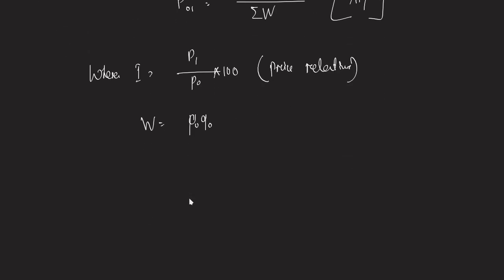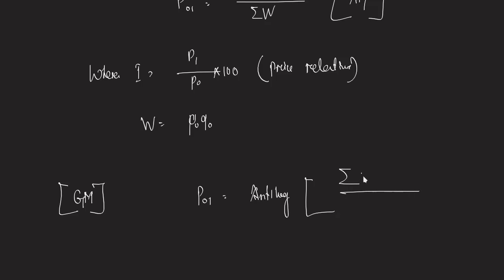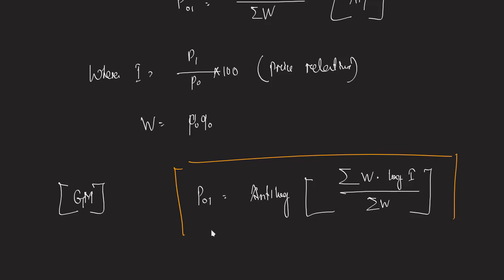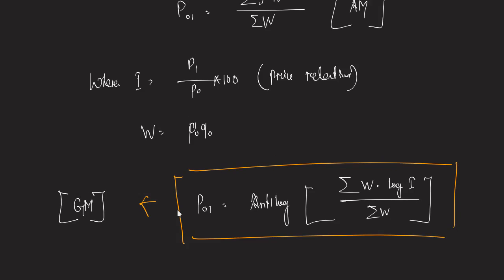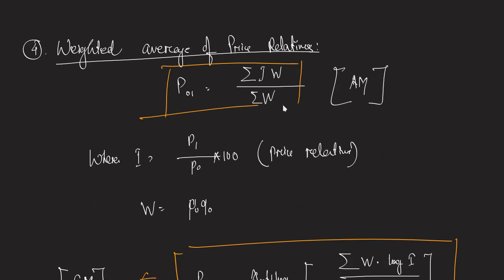And if I use the geometric mean, then P01 by the GM method will be the antilog of summation W into log of the price relative, by summation W. So this is one formula when we use the geometric mean, and this is one formula when we use the arithmetic mean, because here the word is weighted average of price relative.